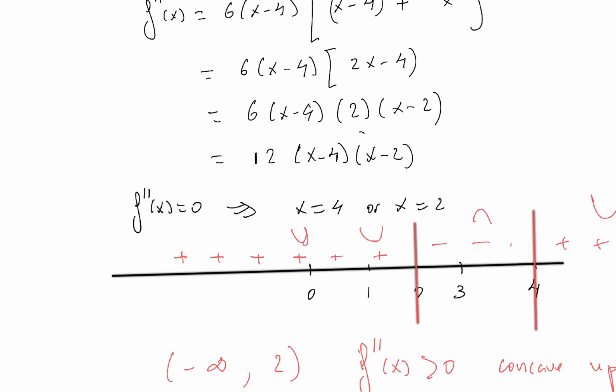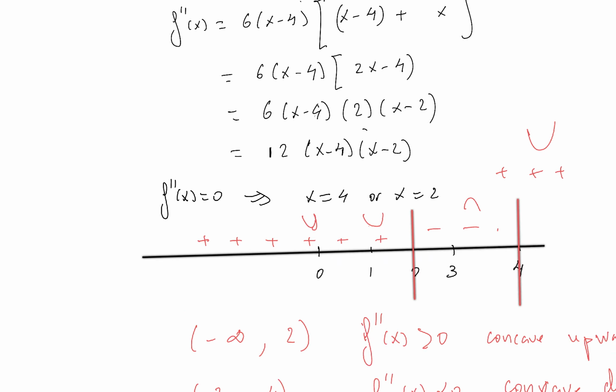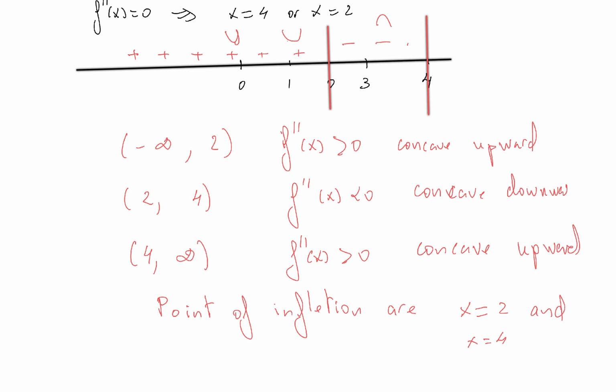As a summary, in the interval minus infinity to 2, the second derivative is positive, so it is concave upward. In the interval 2, 4, the second derivative is negative, so it is concave downward. In the interval 4, infinity, the second derivative is positive, so it is concave upward.